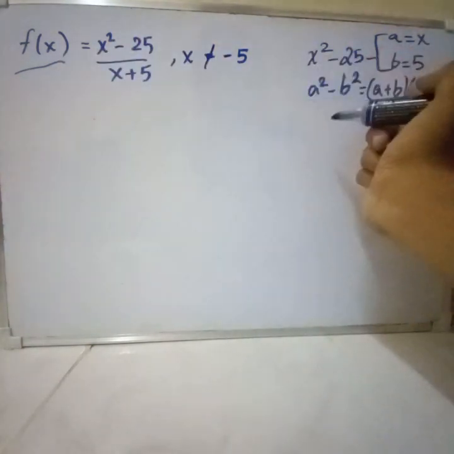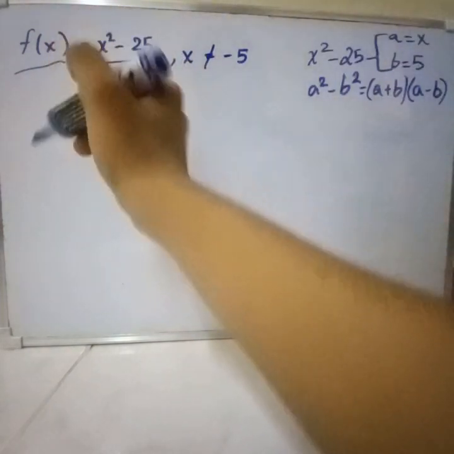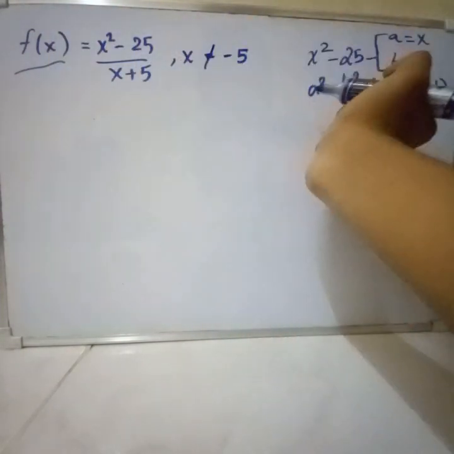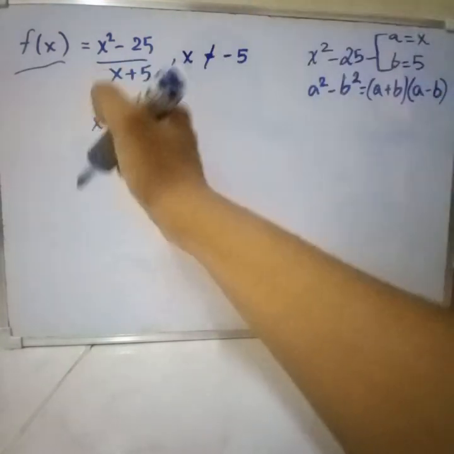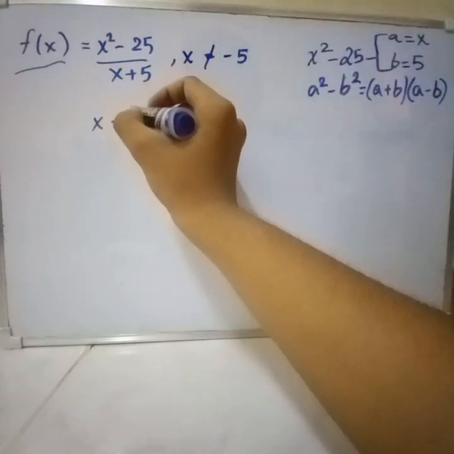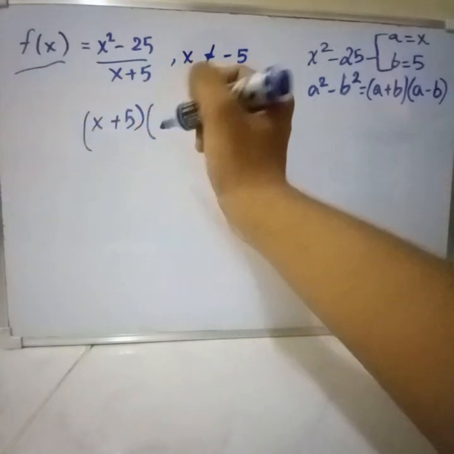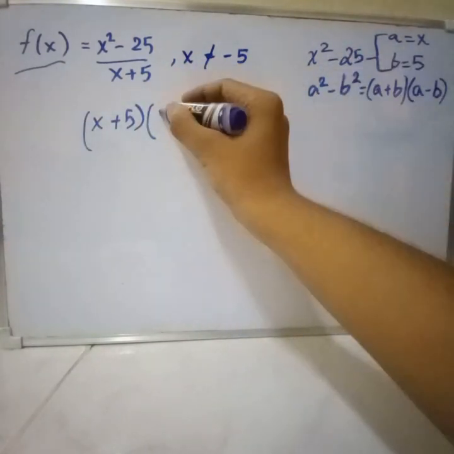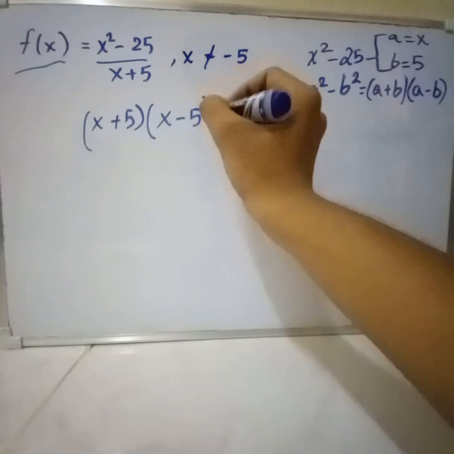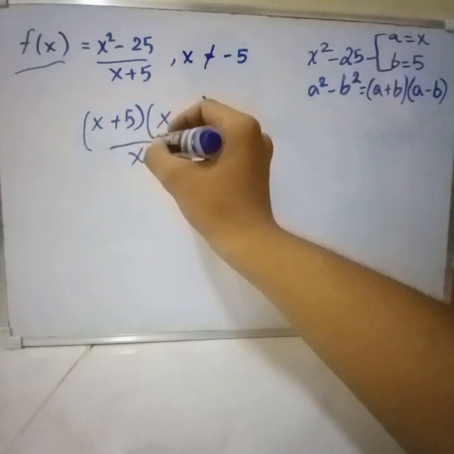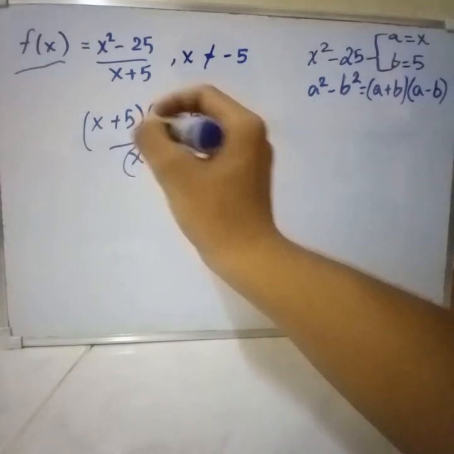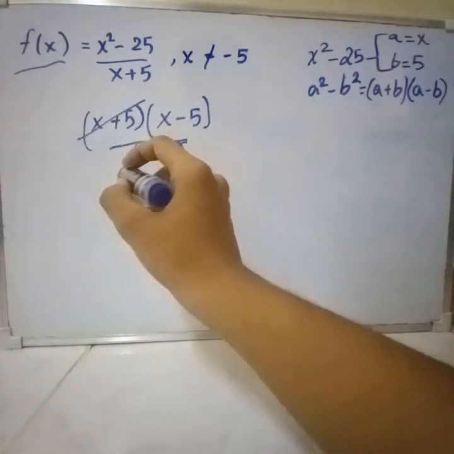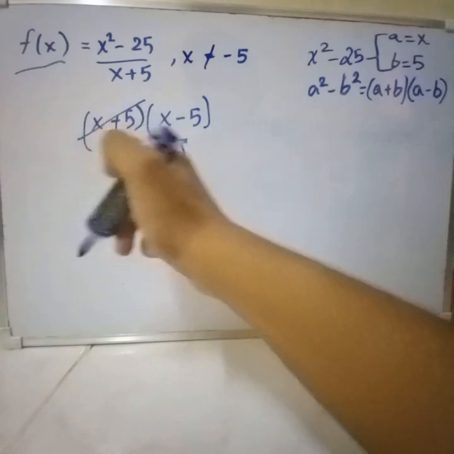So according to this identity, we can expand the numerator here also. Instead of a plus b, we can put x plus 5, and instead of a minus b, it will be x minus 5. So the denominator is x plus 5. So you can see that between the denominator and the numerator, one of the terms can be cancelled out, x plus 5 and x plus 5.